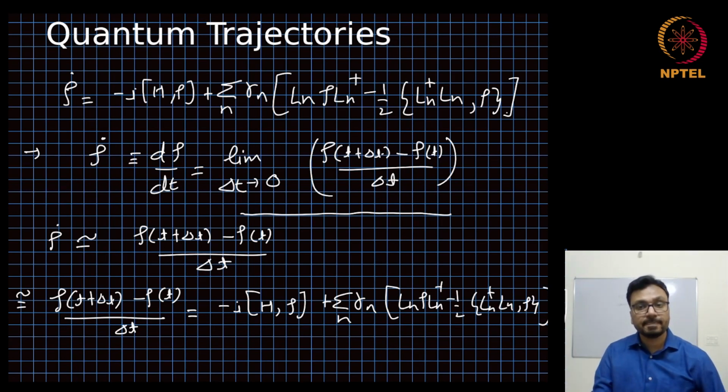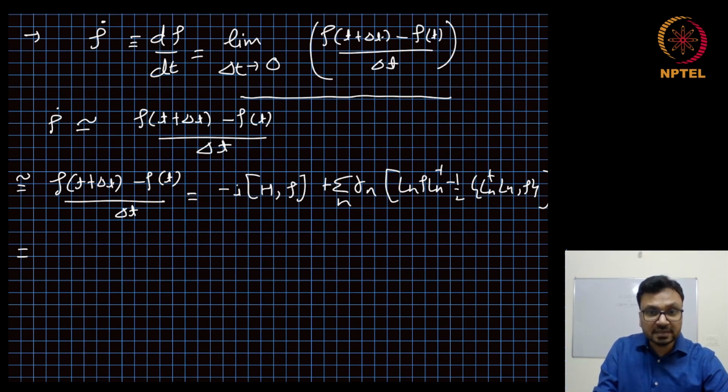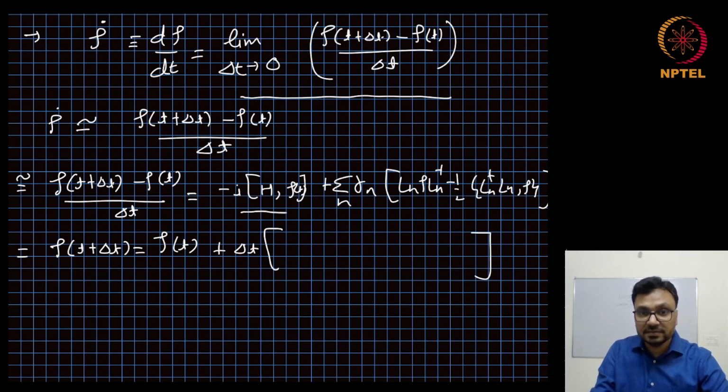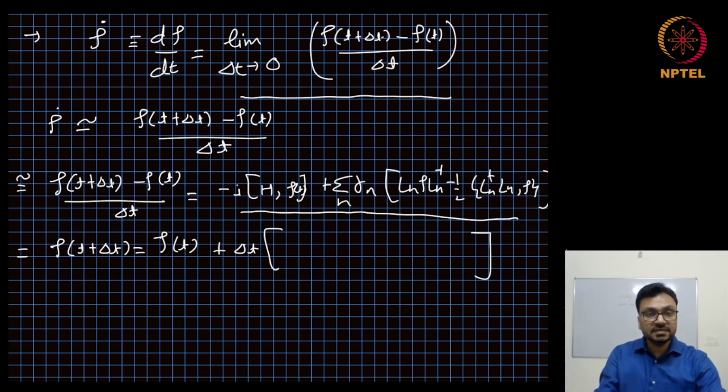Here rho is at time t, not t plus delta t. So from here we can write rho at t plus delta t as rho of t plus delta t times the whole of the right hand side. Let me repeat. First we replaced the time derivative with the finite difference derivative, and then we wrote rho of t plus delta t in terms of rho of t and delta t.